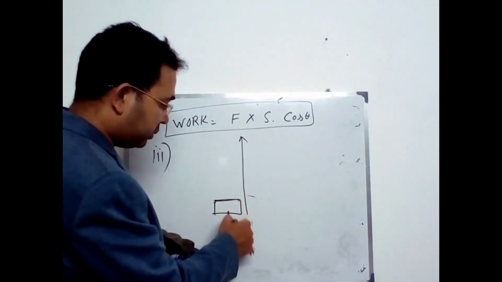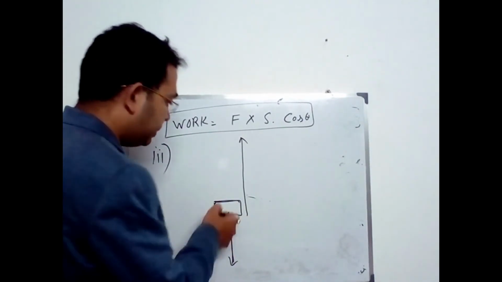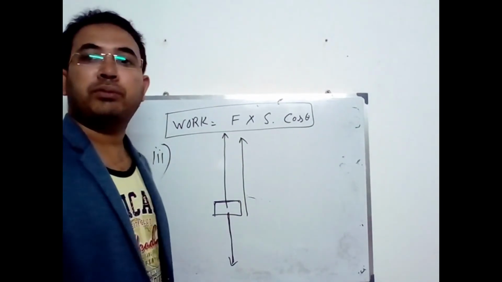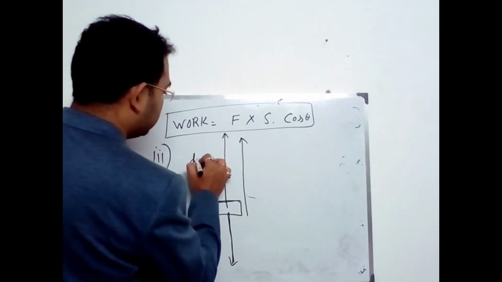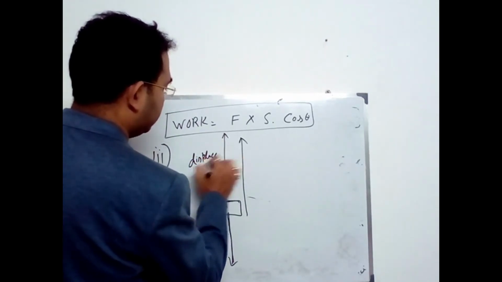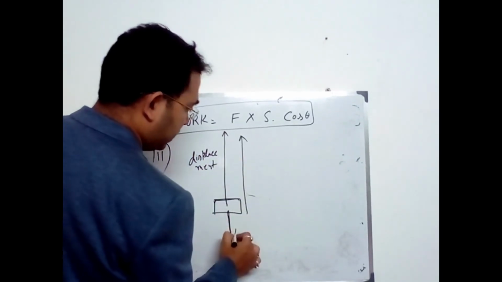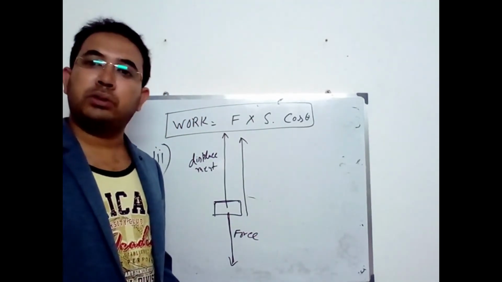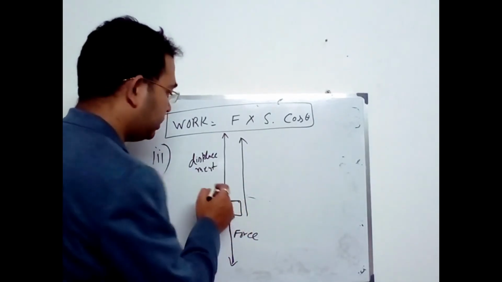তো ফোর্স অ্যাক্ট করছে টুয়ার্ডস দ্য সেন্টার অফ দ্য আর্থ, বাট দ্য ডিসপ্লেসমেন্ট ইজ অপোজিট টু দ্য ডিরেকশন অফ দ্য ফোর্স। এইটা হচ্ছে ডিসপ্লেসমেন্ট, এটা হচ্ছে ফোর্স। এবার কি করব? তাহলে cos থিটা কত হবে? 0? নো, cos থিটা হচ্ছে 180 ডিগ্রি.